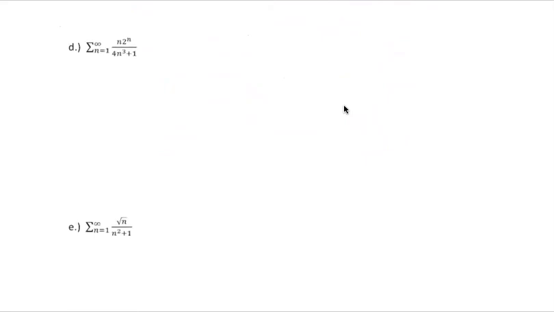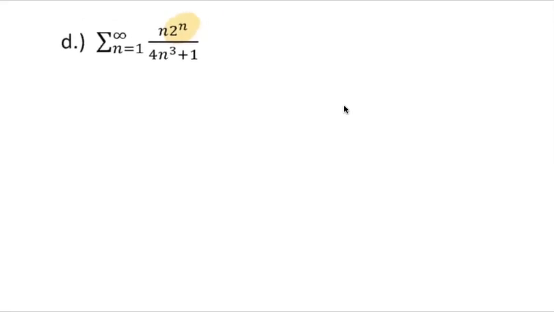Now D is a little bit trickier. For D, I look at this and I'm not 100% sure what to compare it to. Maybe 1 over n squared, because the n over n cubed will reduce to 1 over n squared. But the first thing that I notice is that I have an exponential in the top, which is far more powerful than any polynomial. So in this case, I actually want to try looking at the nth term.